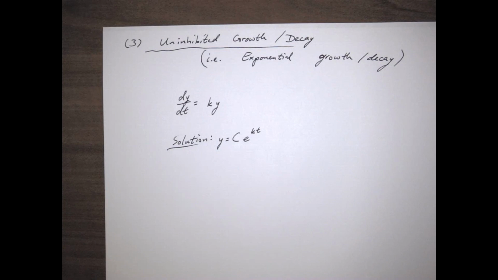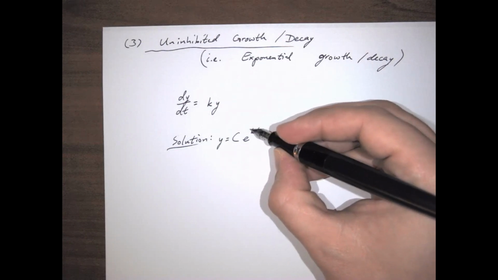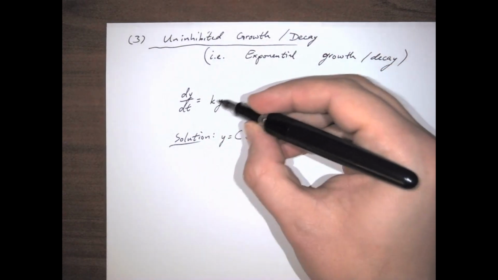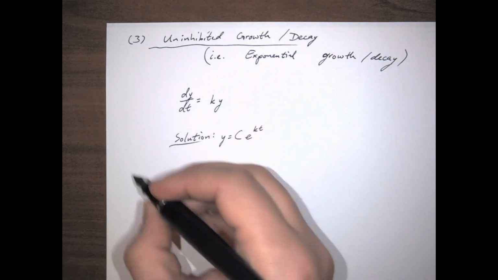There aren't that many functions whose derivatives involve basically just the original function again times some constant. But one category of functions that does do that, as you know, are exponential functions. So exponential functions with a base of e and the k up in the exponent will produce solutions to this differential equation.